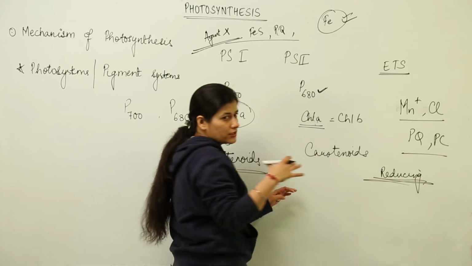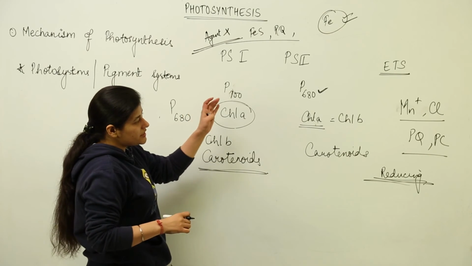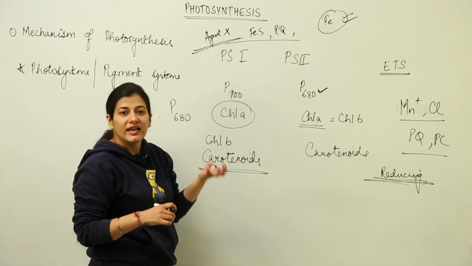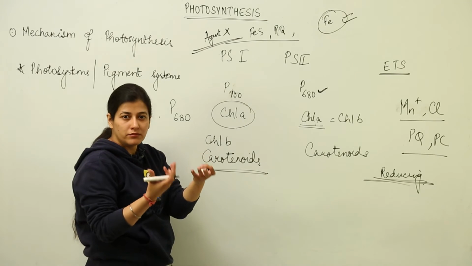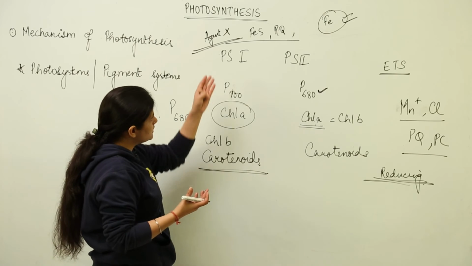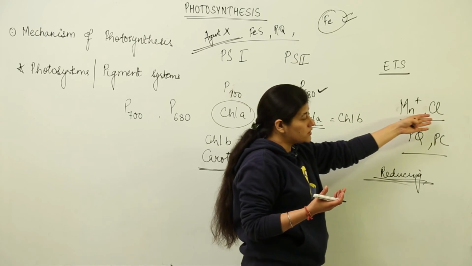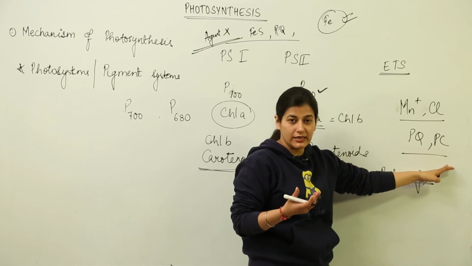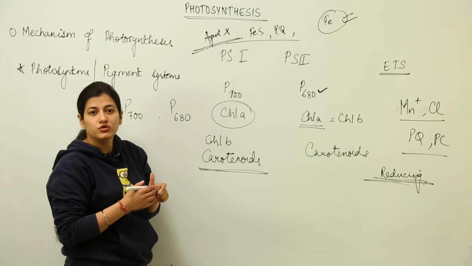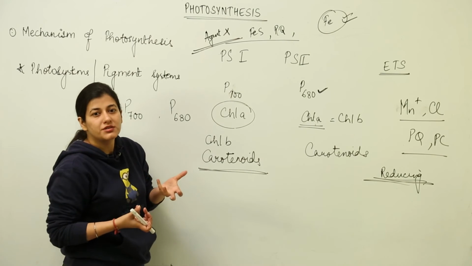Now these are a little bit difficult terms that you come across, but you have to remember them by heart, because these are the particular compounds which are going to take up the electrons, okay? And when some compound takes up the electron, it gets reduced. So these terms which I have written, agent X, FES, plastoquinone, Mn positive, Cl, plastoquinone, plastocyanin, cytochrome complexes, are going to be the compounds which would take up the electrons and get reduced themselves.